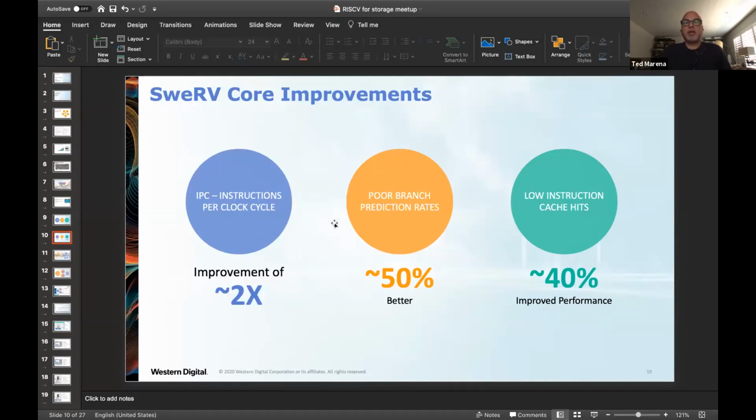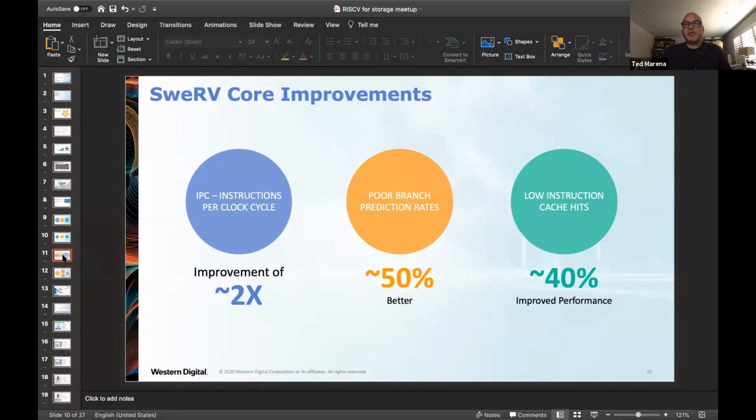Our branch prediction was about 50% better, and our cache hits improved performance about 40%. So, these are some pretty significant numbers that, as we were doing evaluation, were not only important to us, but we could get some concrete information behind.